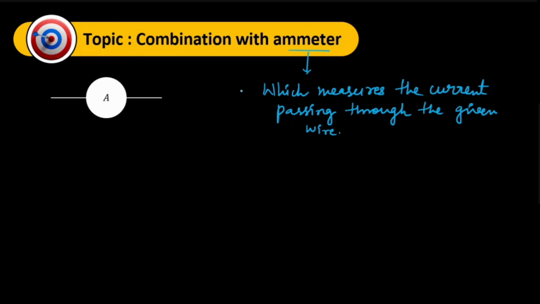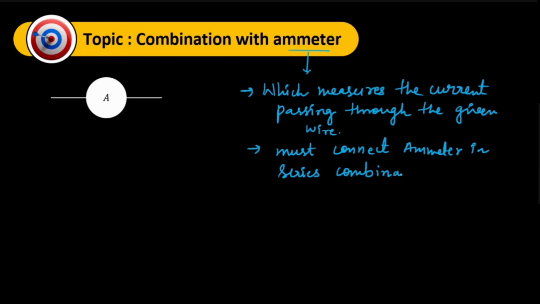So in order to measure current using ammeter, we must connect ammeter in series with the component. Because if we connect it in parallel combination, possibly all the current will pass through the ammeter and we won't be able to find how much current is actually passing through the component.